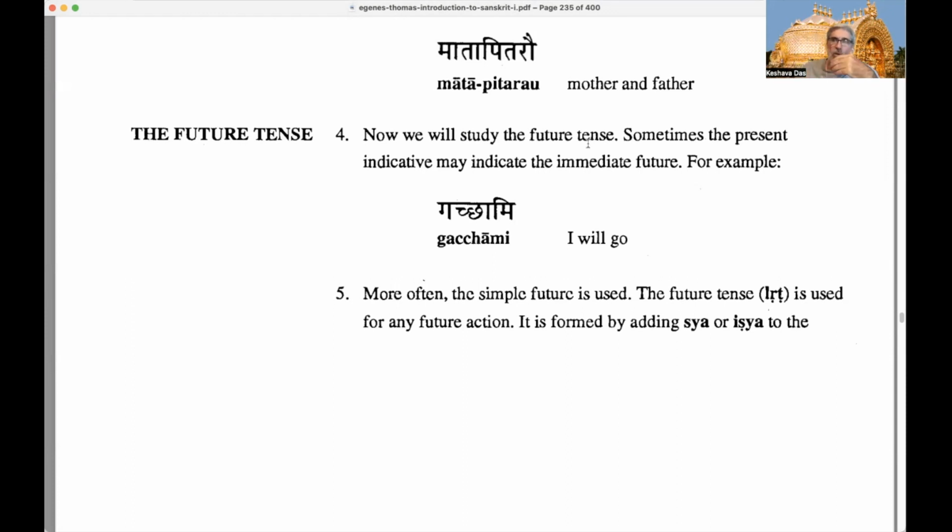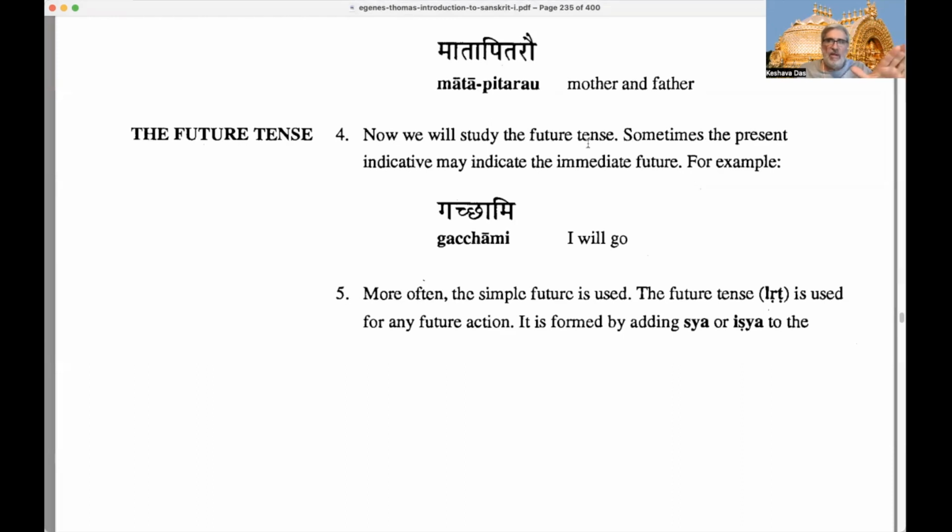So we can translate it possibly in context, looking at the context of a particular story, as I will go, even though it's present tense in Sanskrit. This is definitely present tense, and normally you would just say it means I go or I am going.